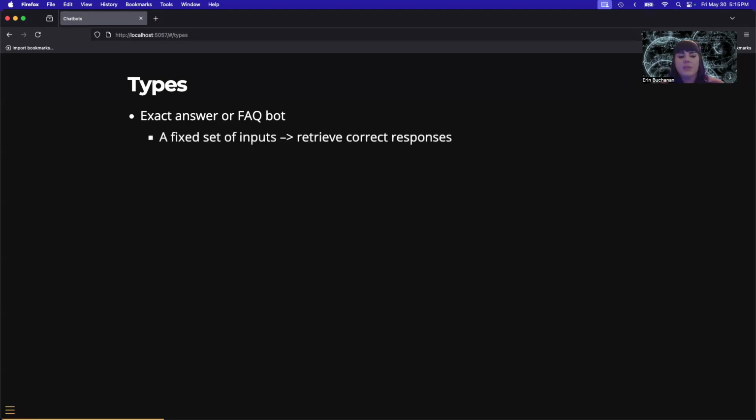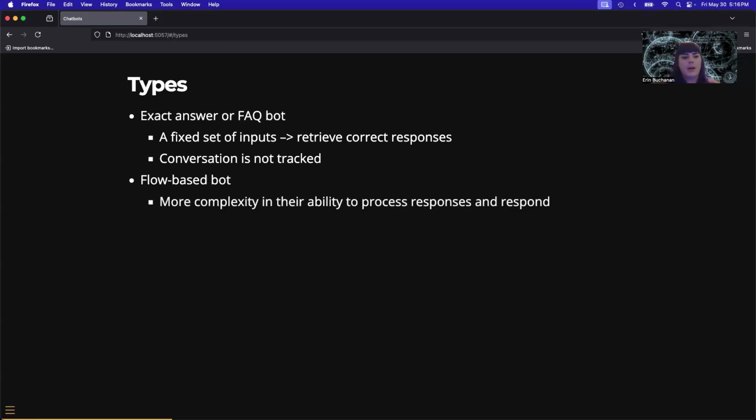Okay. It usually includes a fixed set of inputs. So if you've ever had one where you've clicked the answer, and then it will retrieve the correct response. The conversation really isn't tracked. So from question one to question two, it sort of forgets that that's what was going on in the background. And this is an important component of newer models, is that they do track the conversation.